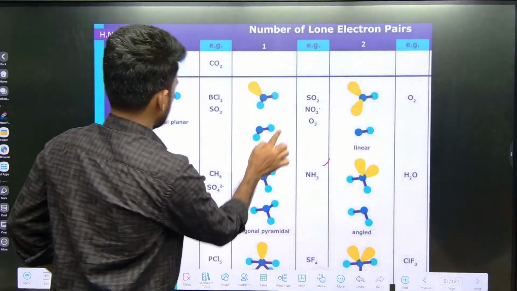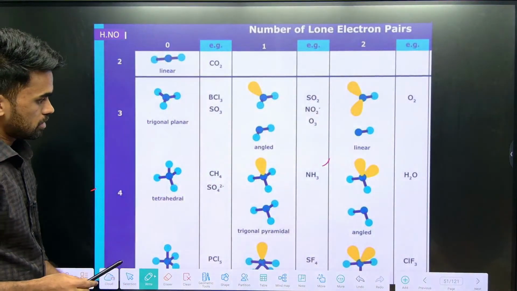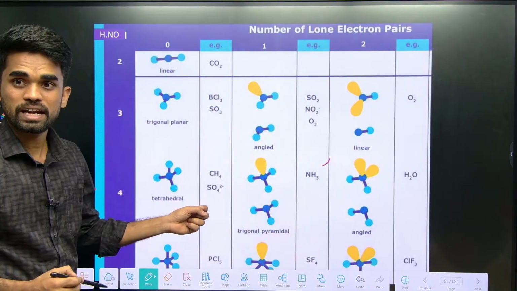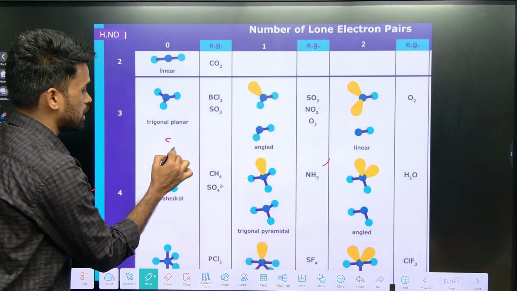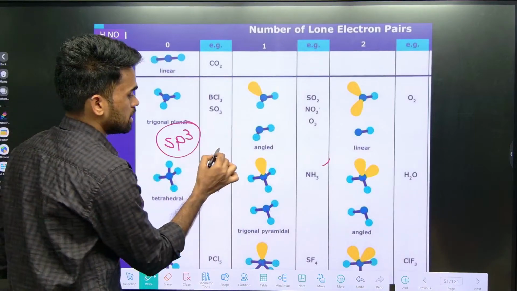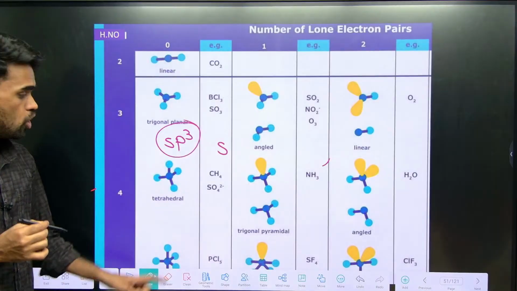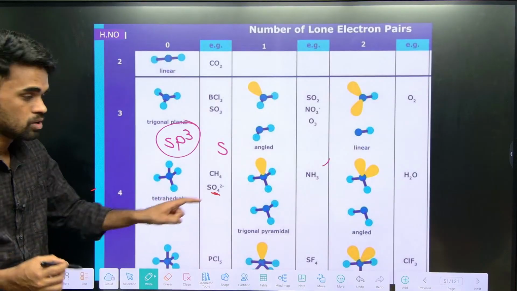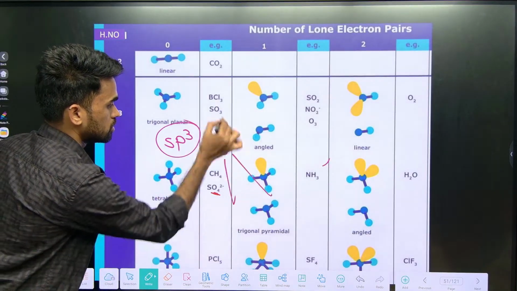Now we have discussed the sulfate ion. What is the hybridization we got? sp3. If it is sp3, you put sulfur at the center. How many surrounding atoms are there? 4, so you put 4 bonds.